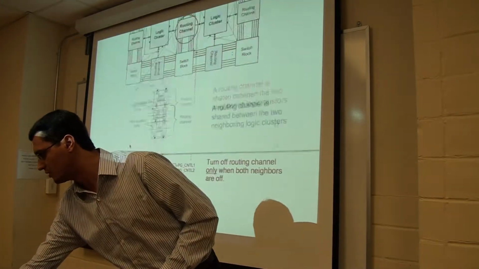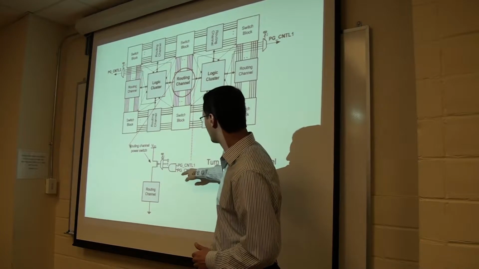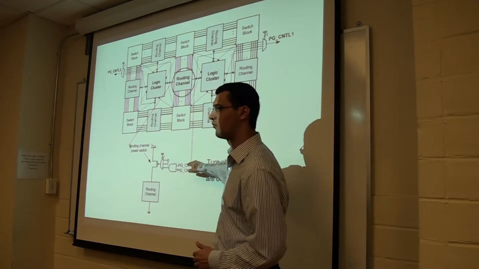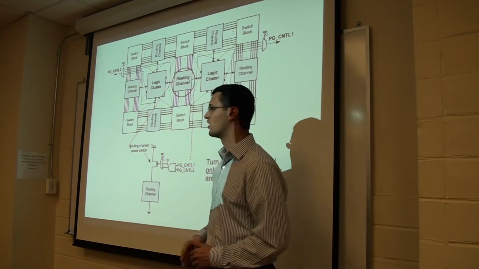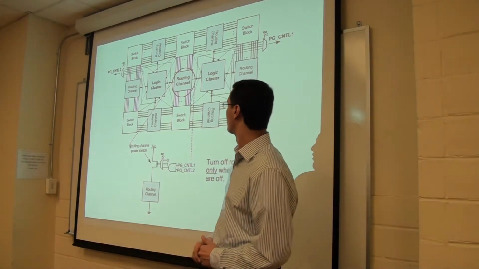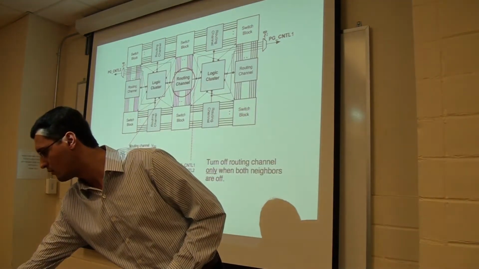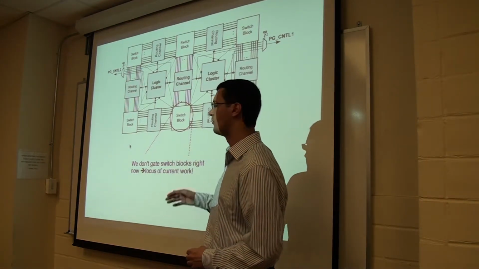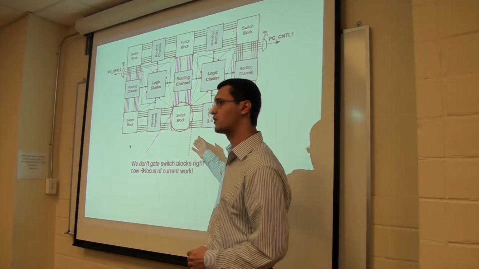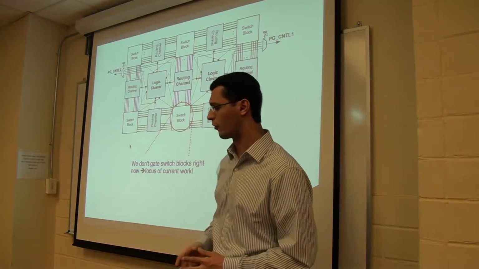To do this, we use this AND gate to AND the control signals for both logic clusters, so that the result of this ANDing is the control signal for this routing channel. And as I said before, currently we are not doing power gating for switch blocks, and it is our focus for the current work.